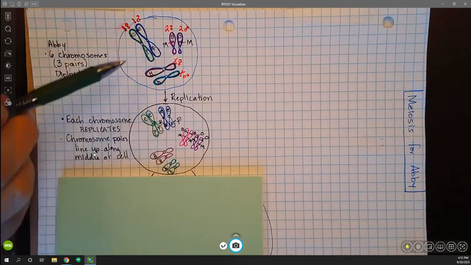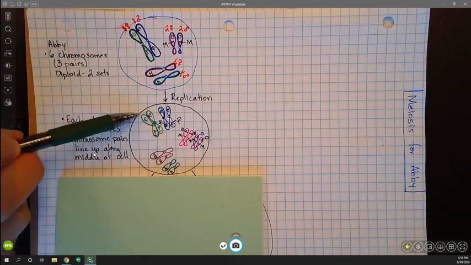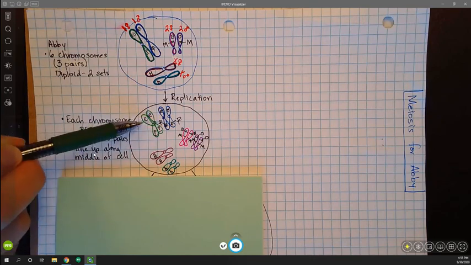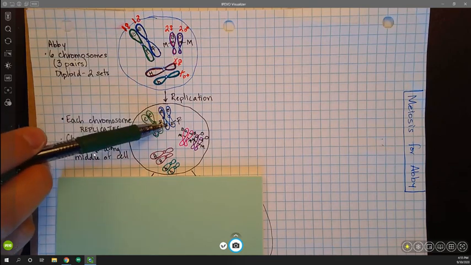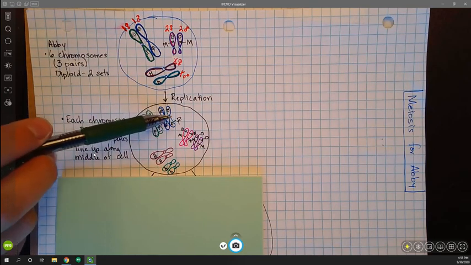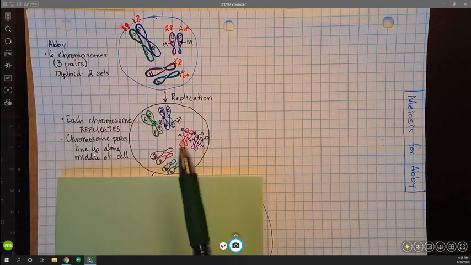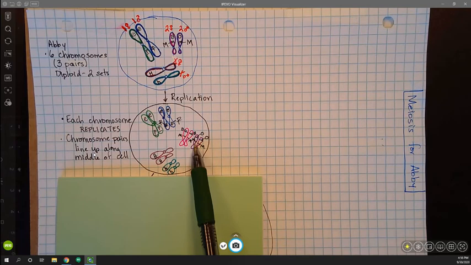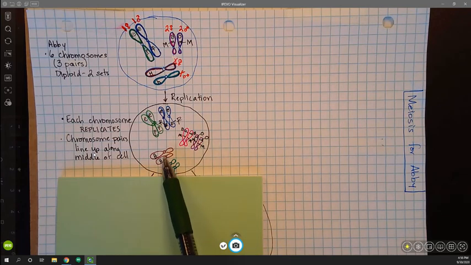The green one is the chromosome from Abby's mom, and it makes a copy of itself. This chromosome 1 from Abby's dad makes a copy of itself. Chromosome 2 from her mom makes a copy of itself. Chromosome 2 from her dad makes a copy of itself. The X chromosome from her mom makes a copy of itself, and the X chromosome from her dad makes a copy of itself.